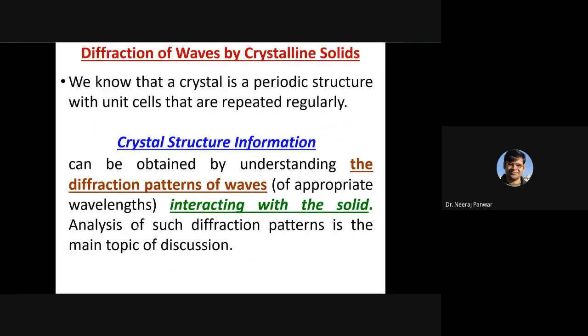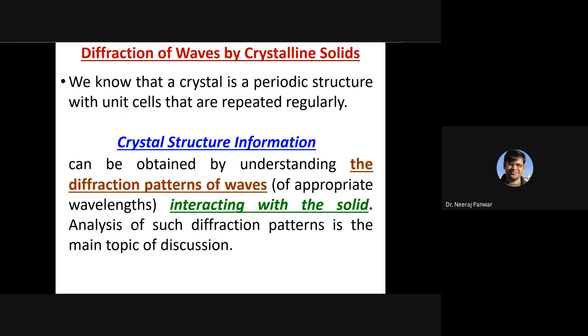Now, we have assumed that in a crystalline solid, the atoms or molecules are arranged in a periodic fashion. If we go in any direction, then after a certain distance that defines the periodicity of that lattice or crystal, we will find the same type of atom or molecule.